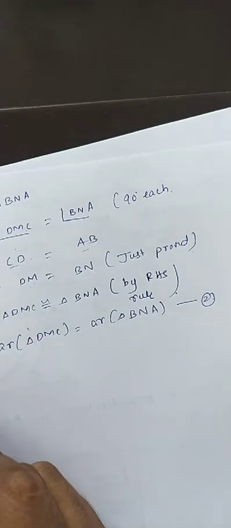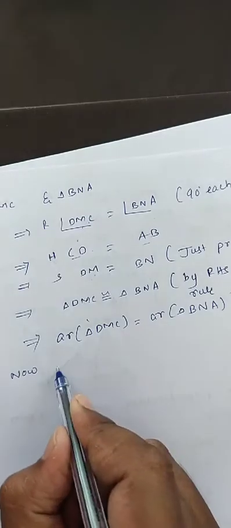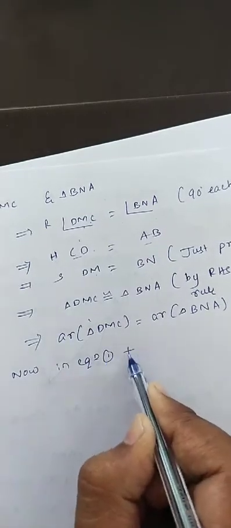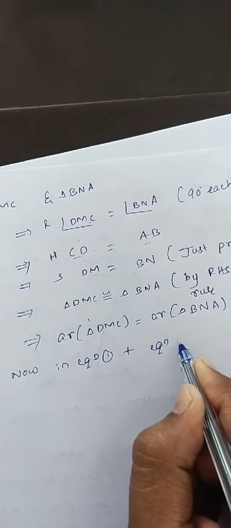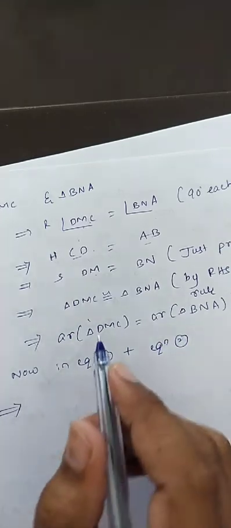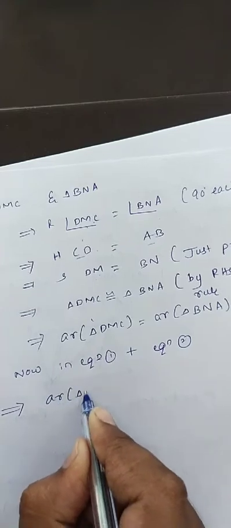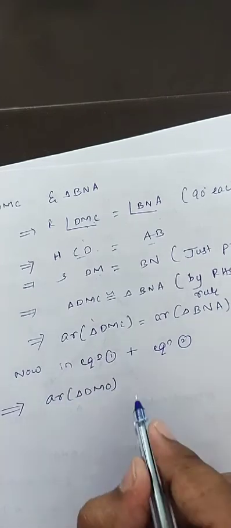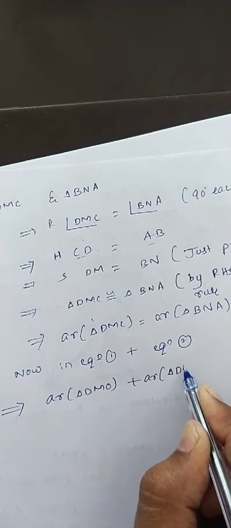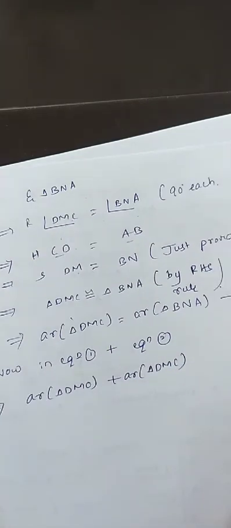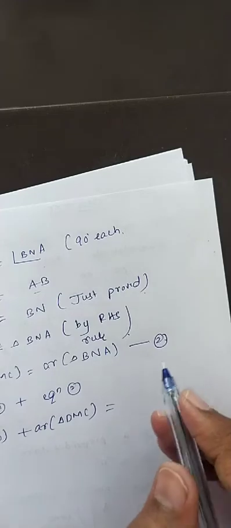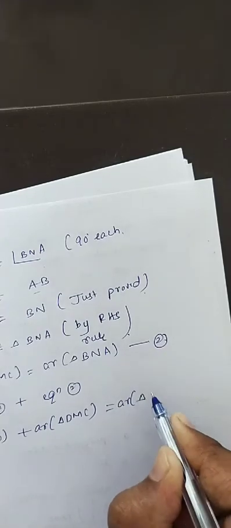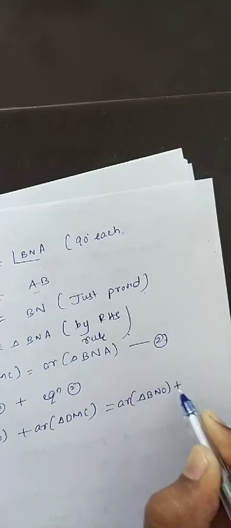Now, equation 1 plus equation 2, what can I write? I can write that area of triangle DMO plus area of triangle DMC is equal to area of triangle BNO plus area of triangle BNA.